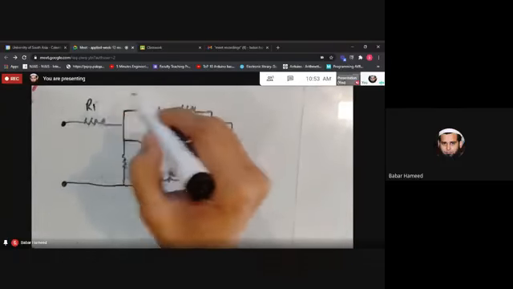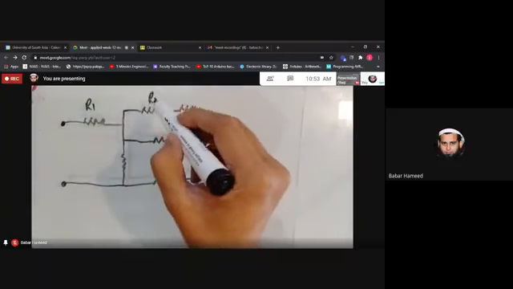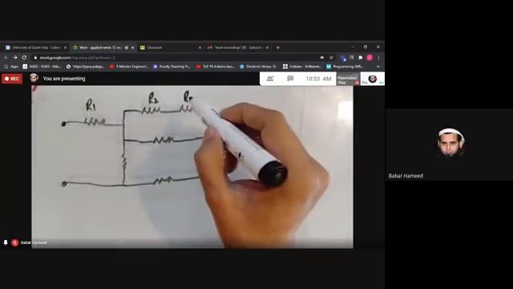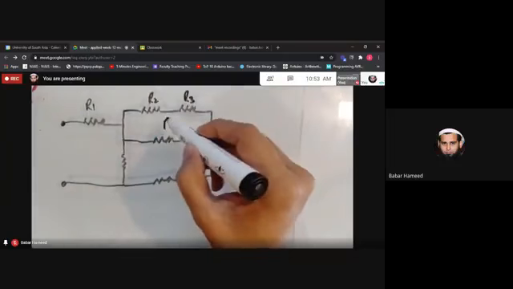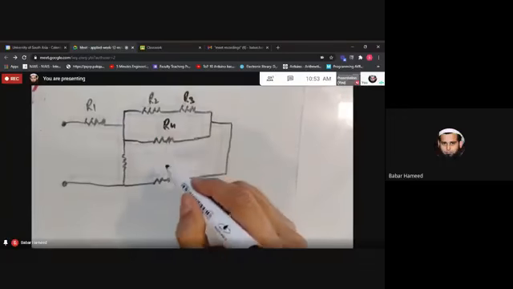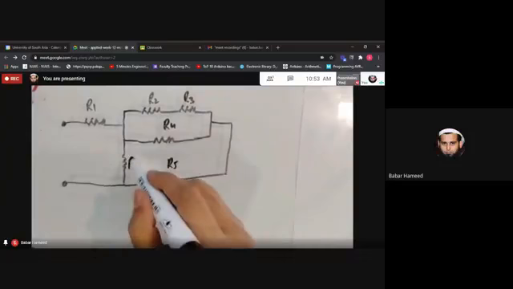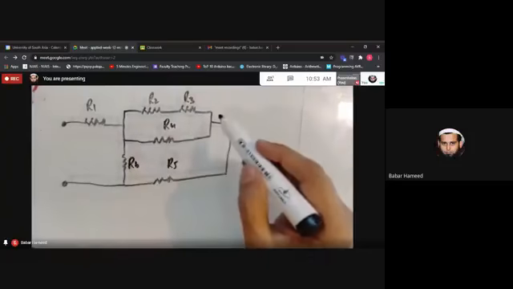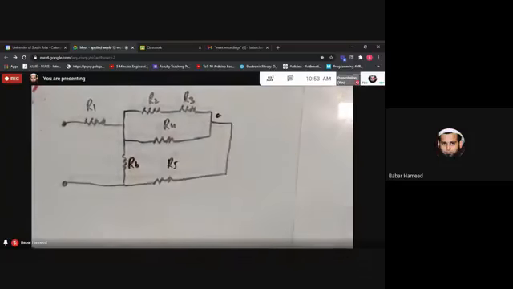So R1, R2, R3, R4, R5, R6. Now we have to describe the combination between A and D. If you see the whole circuit, it is a great cause of confusion.